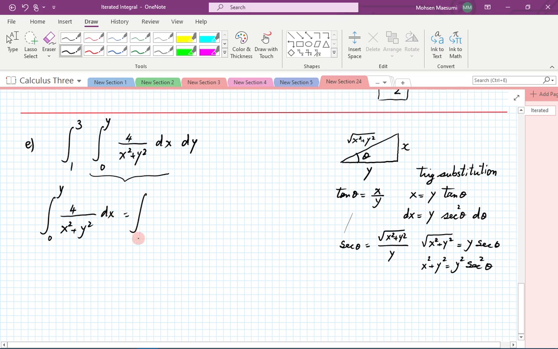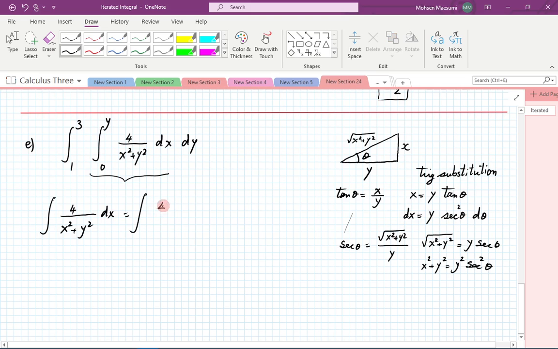Now let's substitute. Maybe we finish our indefinite integral, come back and then substitute everything else later on.